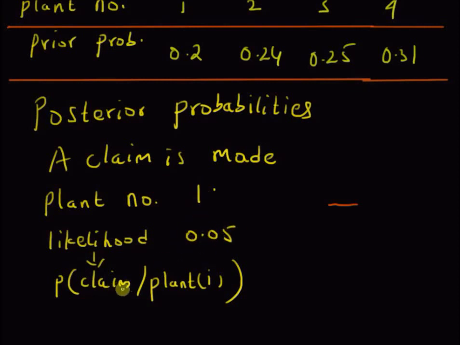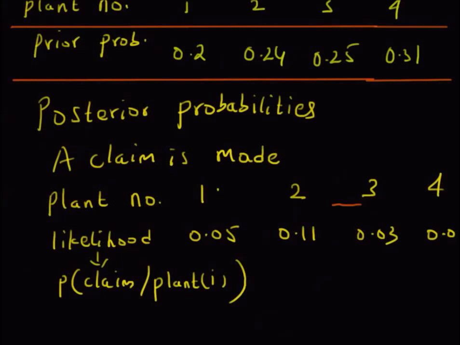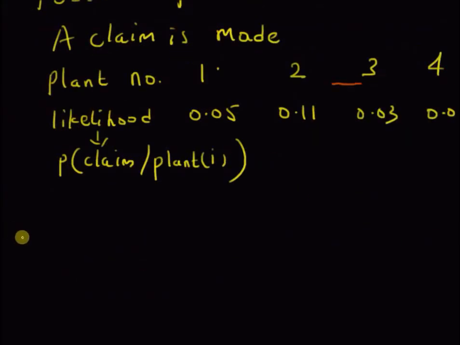That is, the probability of the claim given plant 1. And similarly, for plant 2, it is 0.11, and for plant 3, it is 0.03. And if the car is from plant 4, the likelihood is 0.08. So given this information, how do we revise the probabilities corresponding to each plant?